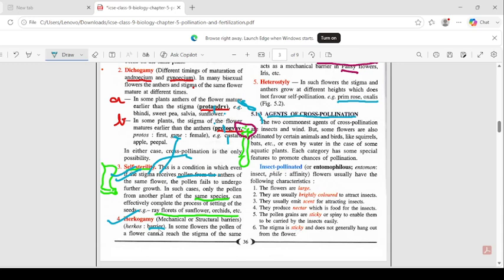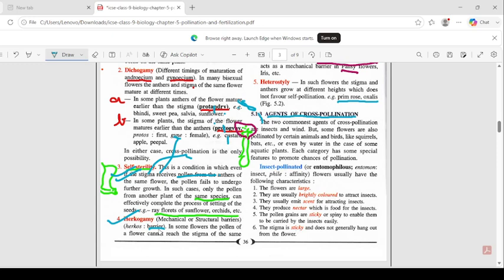Now, as we know, in cross-pollination, transfer of pollen grain takes place from one plant to another, so obviously we need certain agents. There are varieties of agents in nature, but we have to discuss only 3 agents in class 9. First is insect, second is air, third is water.